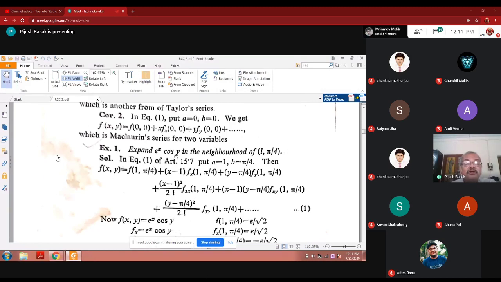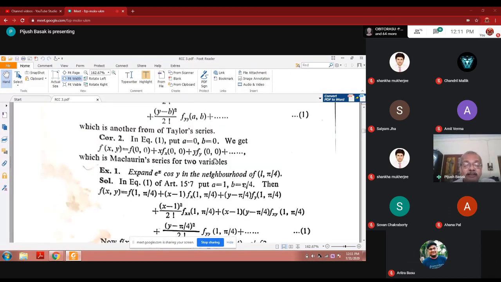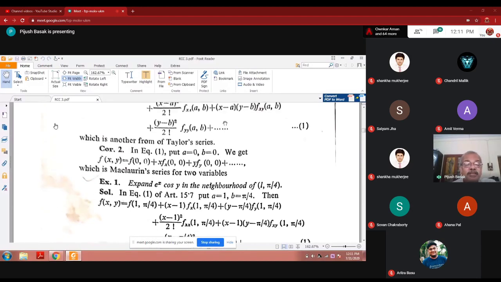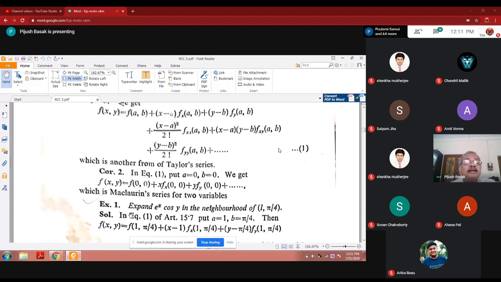Expand e to the power x cos y in the neighborhood of (1, pi by 4). Okay. From equation 1, put there: f(a,b) plus (x minus a) fx(a,b) partial derivative plus (y minus b) fy(a,b) partial derivative.